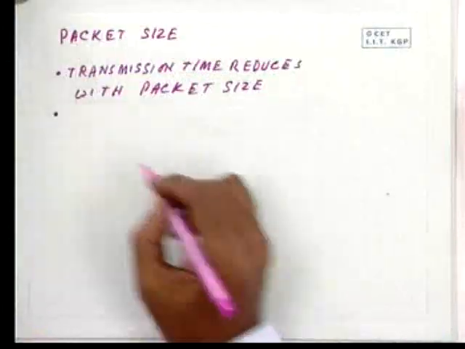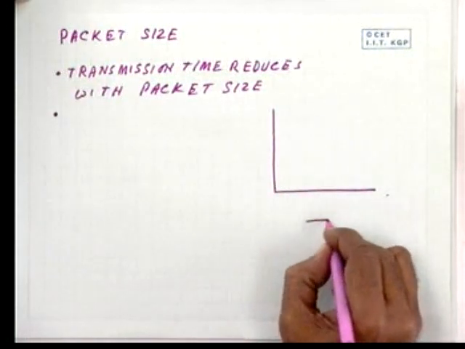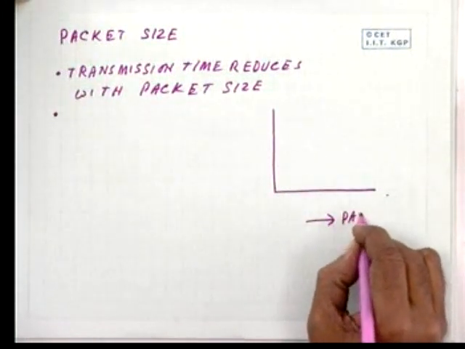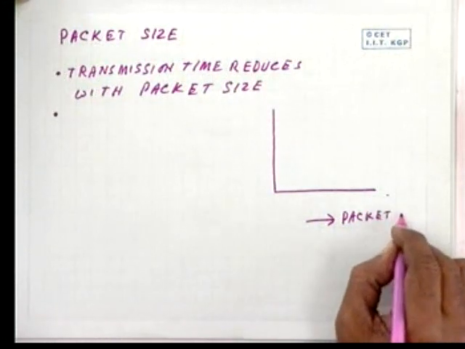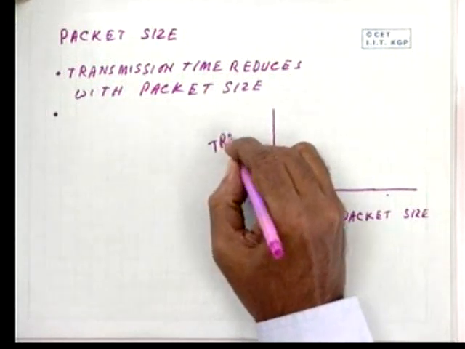But there is a limit to it. Whenever the packet size or the payload part, the data part, becomes comparable with the metadata part, the control information, then you will lose the advantage of the smaller packet size. So we can plot it in this way. Suppose this direction is your packet size, and here, say, transmission time.